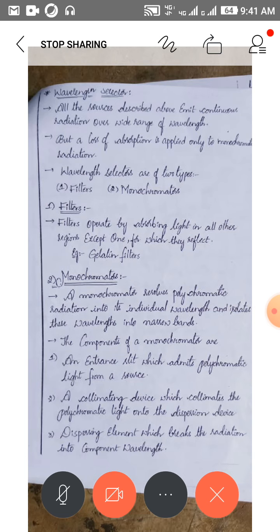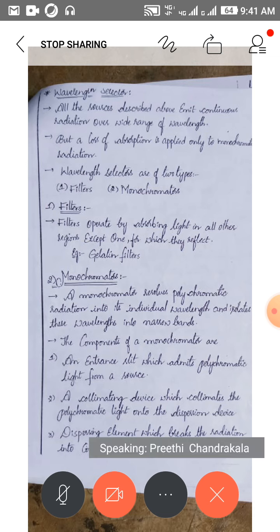Filters mainly operate by the absorption of light, for example, gelatin filters. And the second one is the monochromator. Monochromator means polychromatic radiation is resolved and it can form two narrow bands. The components of a monochromator are the entrance slit, collimating device, and dispersing element.